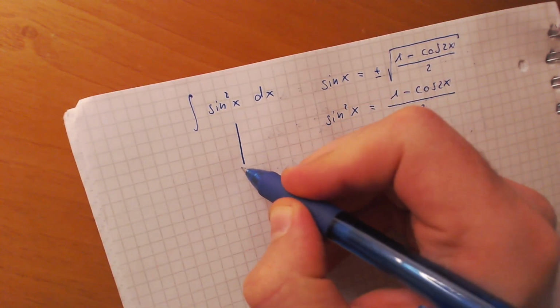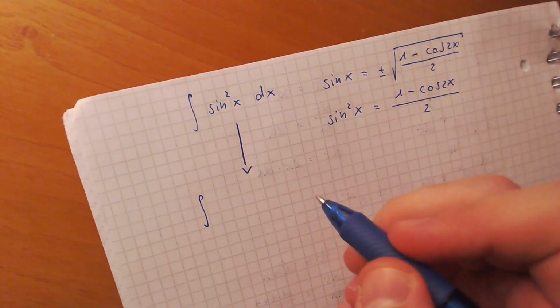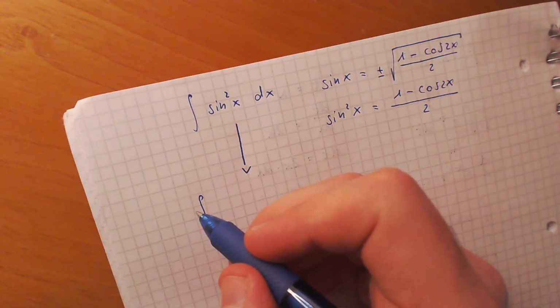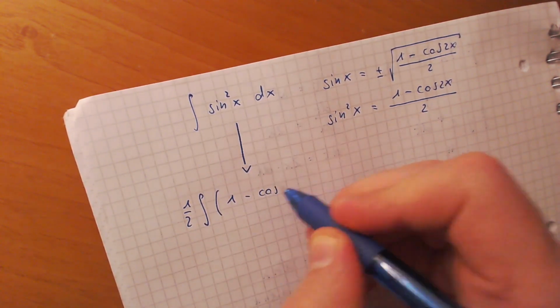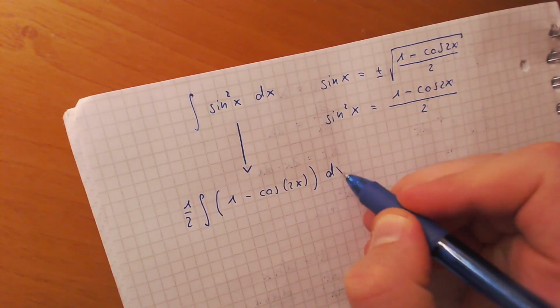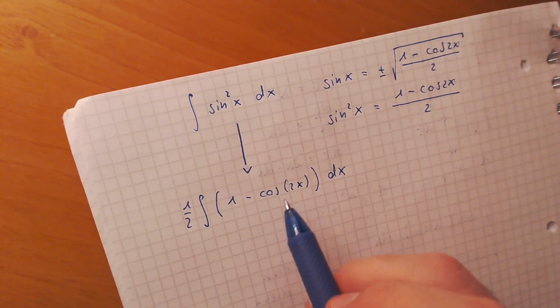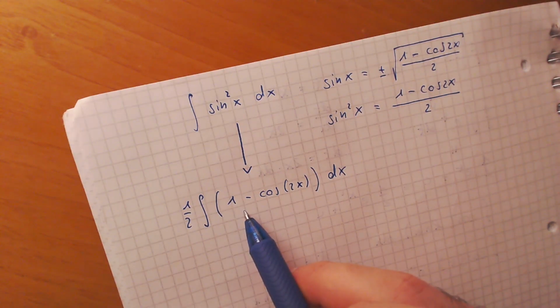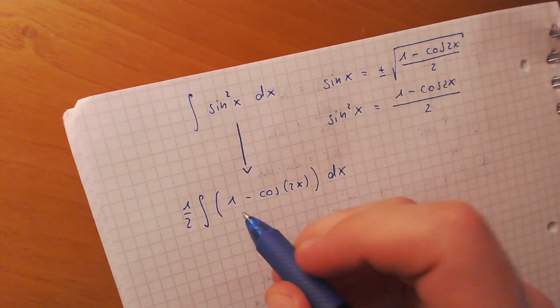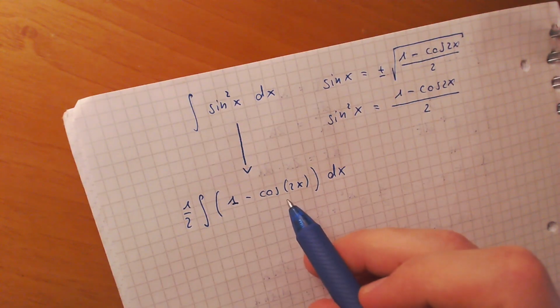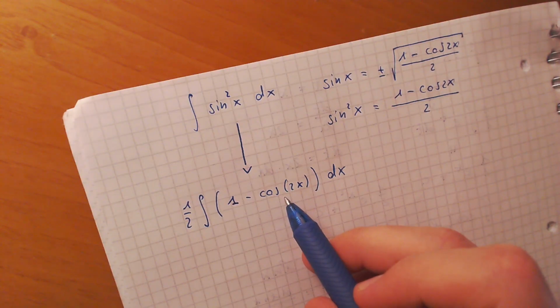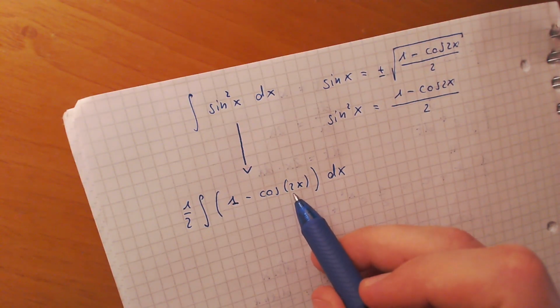So if we consider this relation, the integral will be, we can write, 1/2 times (1 minus cosine of 2x) dx, and we are able now to calculate the integral, because the integral of 1 is simply x, and we also know the integral of the cosine, which is sine, and we have to be careful with this 2 here.